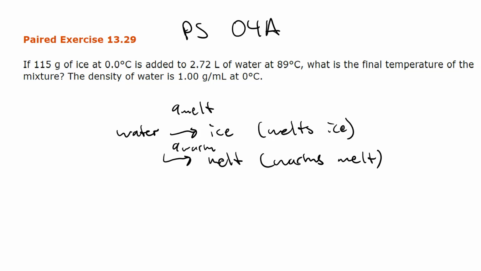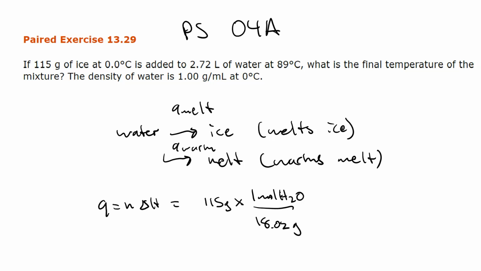To figure out Q of melting, you use Q equals n delta H, right? n is going to be 115 grams divided by the molar mass. 1 mole of water is 18.02 grams. Then we multiply that by the molar enthalpy of melting, which is 6.04 kilojoules per mole.